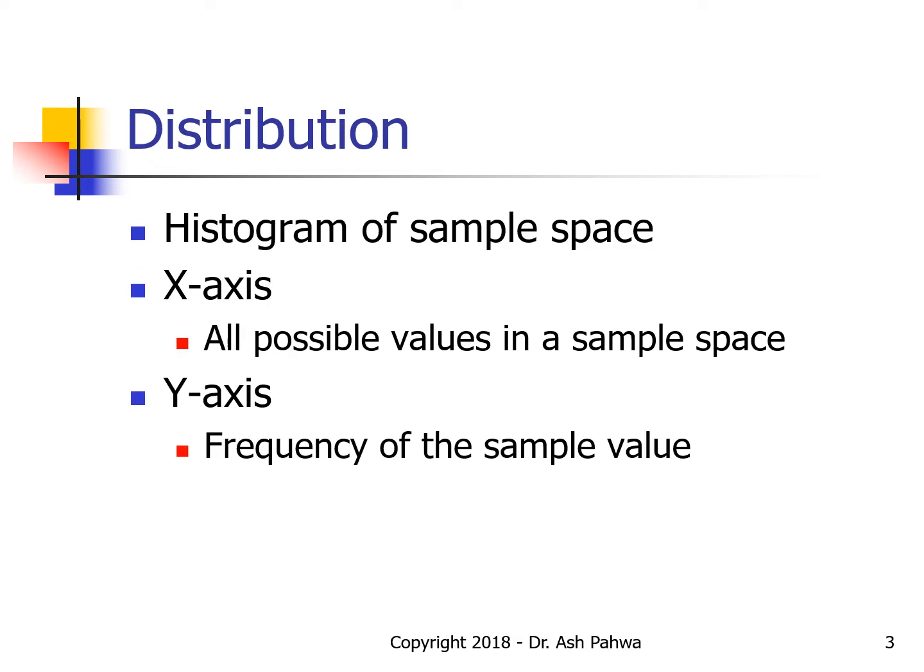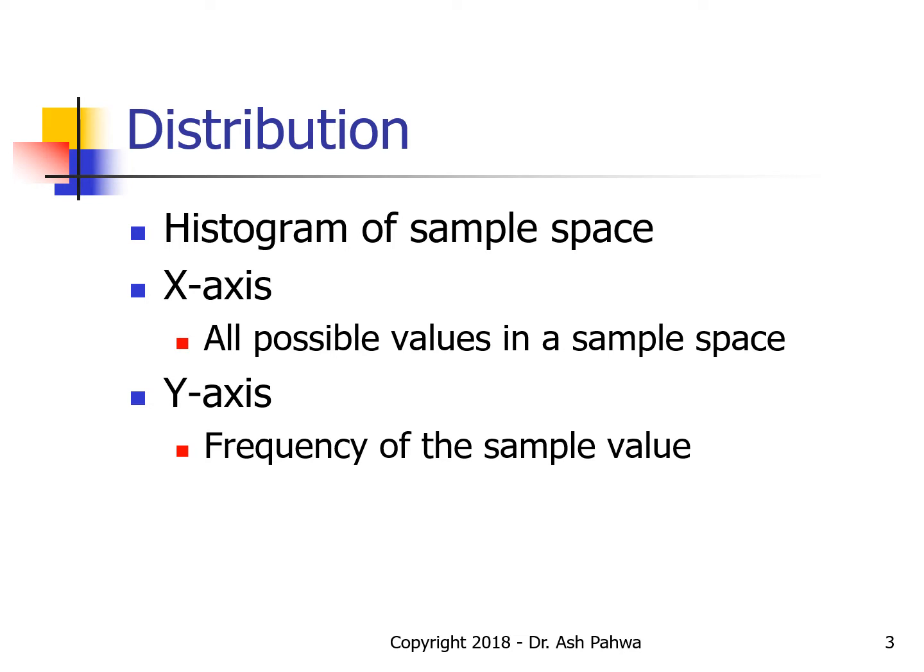First of all, let us define distribution. Distribution is simply a histogram, which we covered in lesson 2. Now, based on some event, we may have some sample space. Sample space refers to all possible samples that can occur for that particular event.